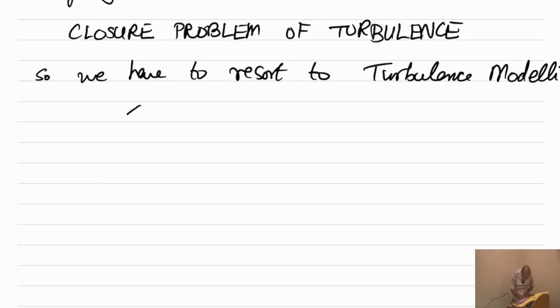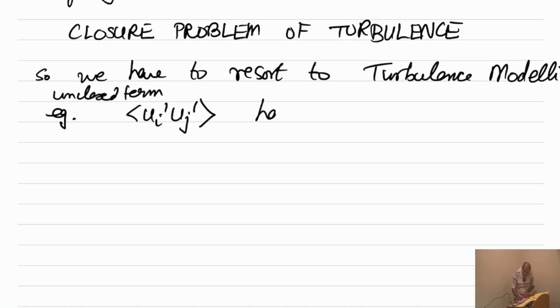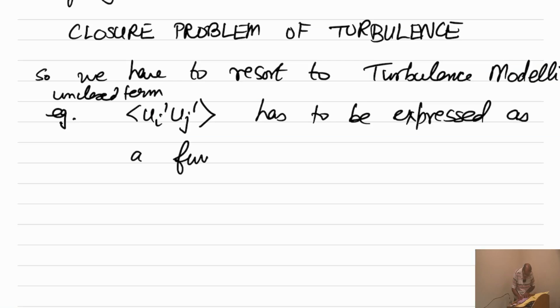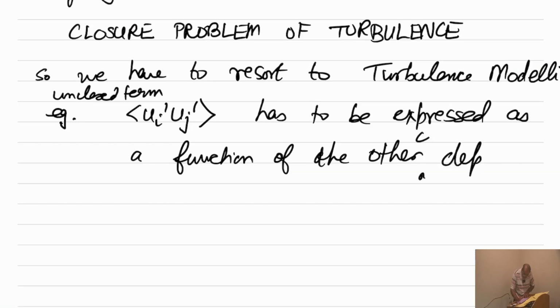For example, the unclosed term ui prime uj prime has to be expressed as a function of the other closed dependent variables.